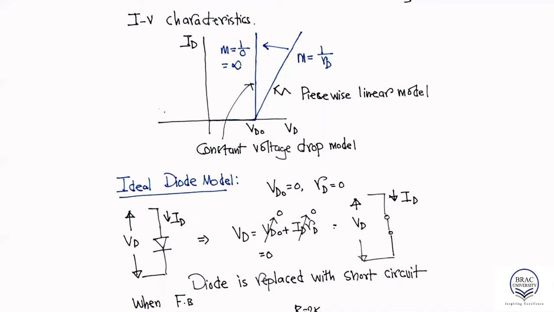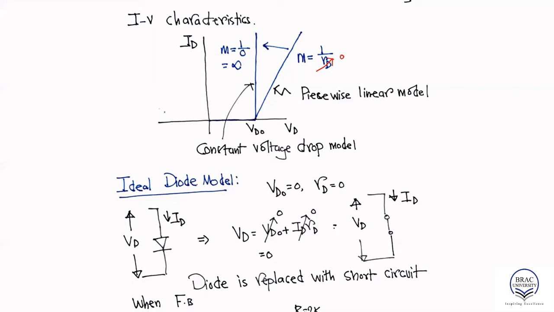Since we set RD equal to 0 in the constant voltage drop model, our slope is equal to infinity. That means this straight line becomes a vertical straight line. That is our constant voltage drop model IV characteristic.